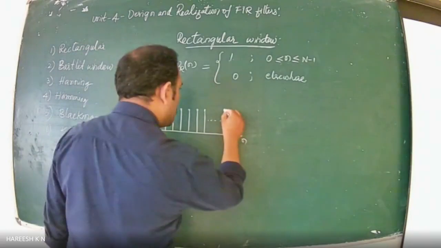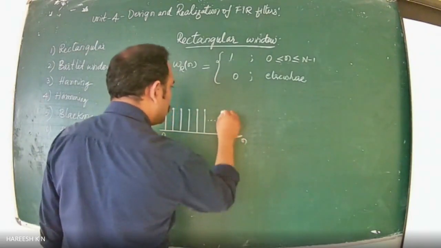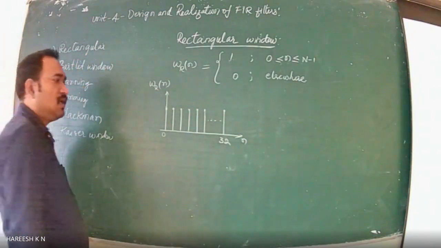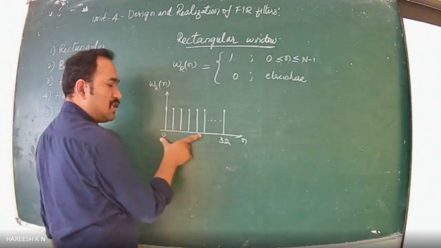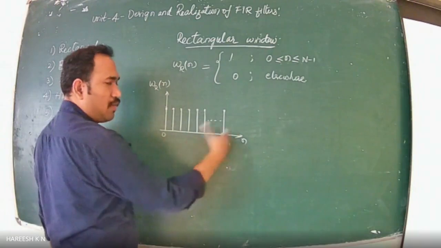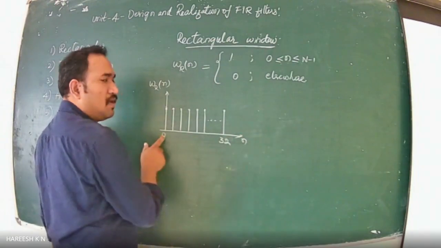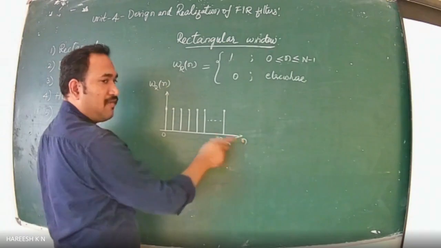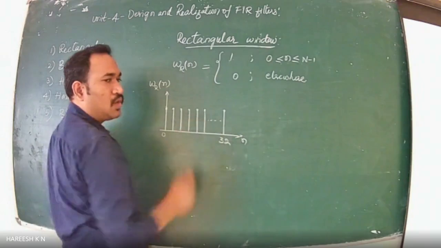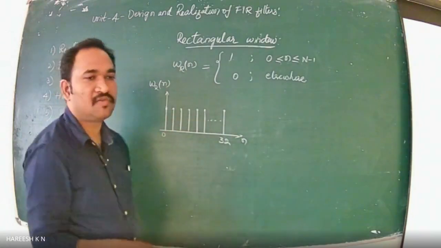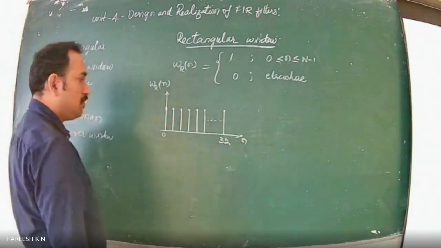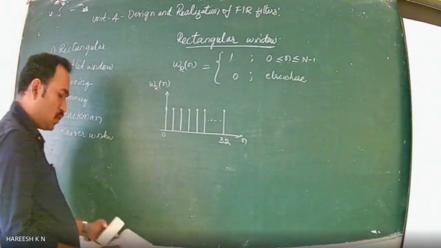Therefore, from 0 to 32, this window can take up the size. It can be 0 to 31, 0 to 30, 0 to 29 and so on, but it cannot exceed 32. It cannot be from 0 to 33 even. Therefore, it has to be restricted from 0 to 32 only, altogether 33 samples. The length of the rectangular window can be a maximum of 33.